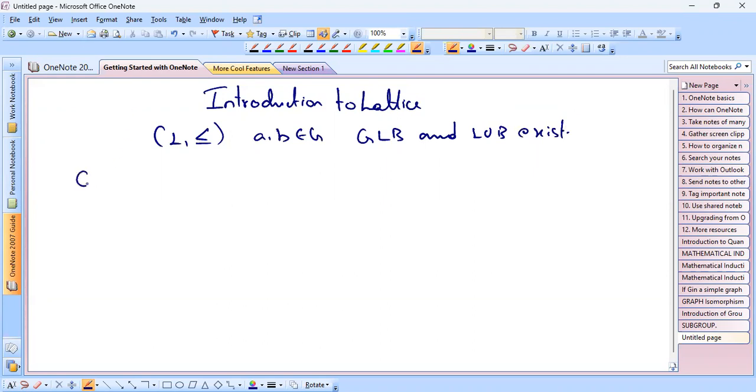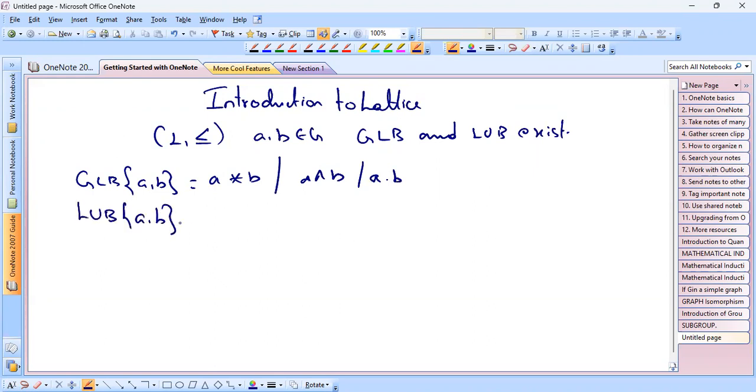Greatest lower bound of A, B is defined as A * B or A ∧ B or A · B. Similarly, least upper bound of A, B is A ⊕ B or A ∨ B or A + B.